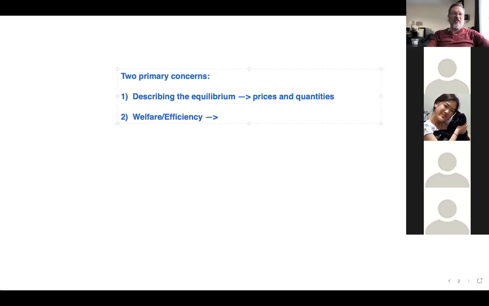You can't talk about efficiency without talking about welfare. By welfare, we mean some way of characterizing the well-being of society, which is a really lofty goal, right? As a result of the economic mechanism that you're analyzing, the particular outcome in terms of the distribution of resources, how does it affect people?